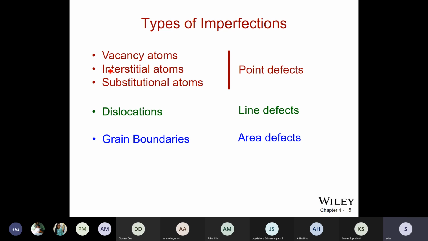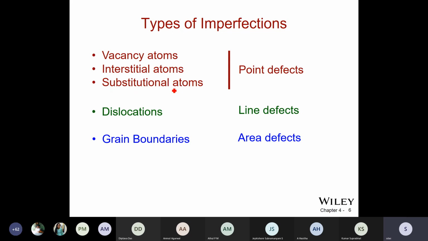You remember at the end of the crystal structure chapter, we talked about interstitial sites, octahedral, tetrahedral, and in steel I mentioned in iron, one out of 500 unit cells may have one site occupied by a carbon atom. So this is an interstitial atom, which is also a point defect.